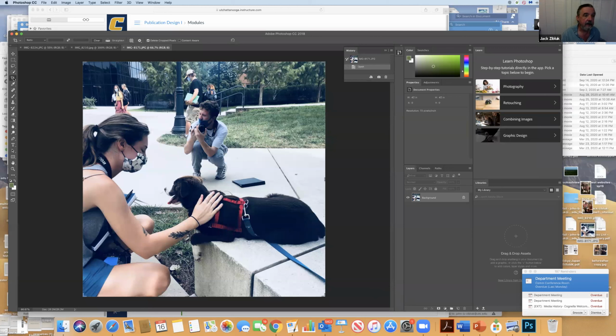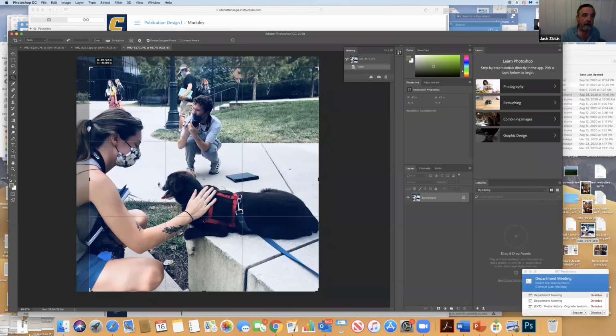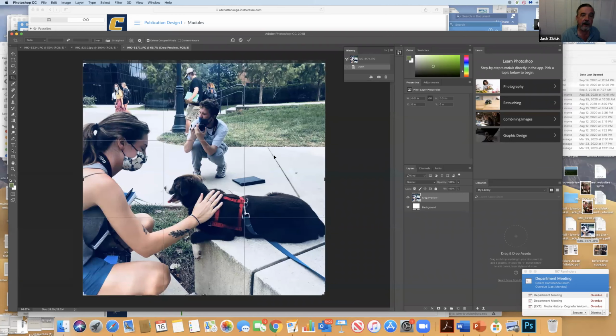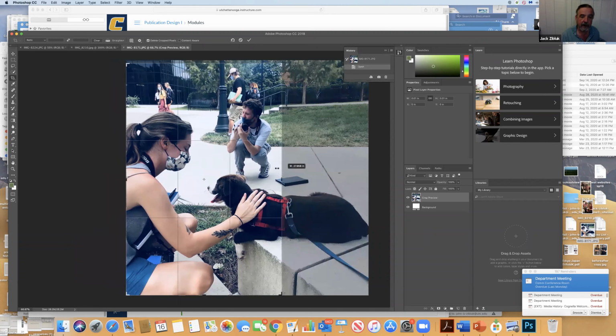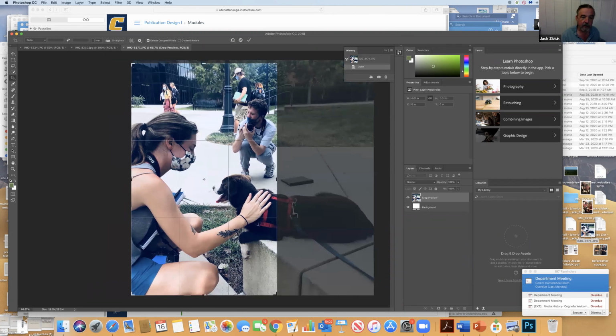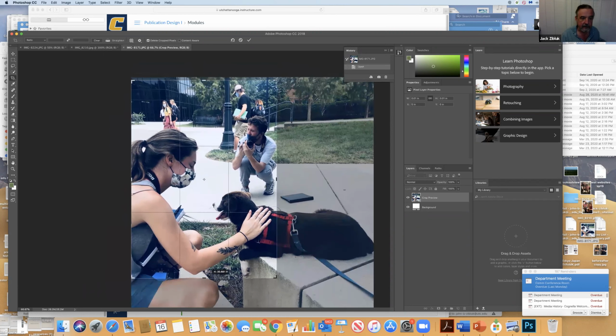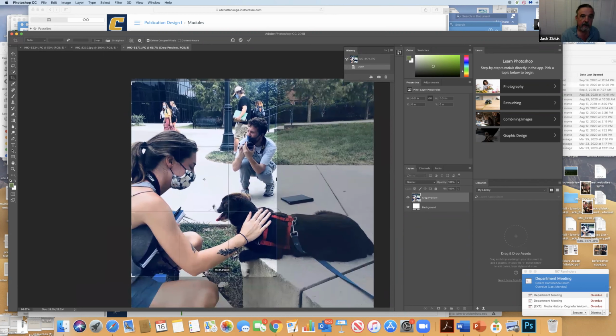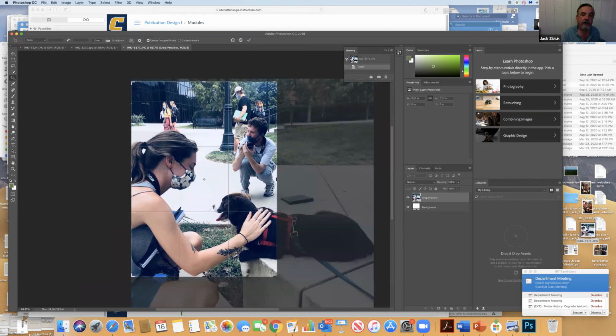Anyway, to prepare this for the assignment to do the photo editing, you have to look at where the action is. What's the point? And the point is puppy interacting with students. Just like word editing, you look at what's the point, what's the action.